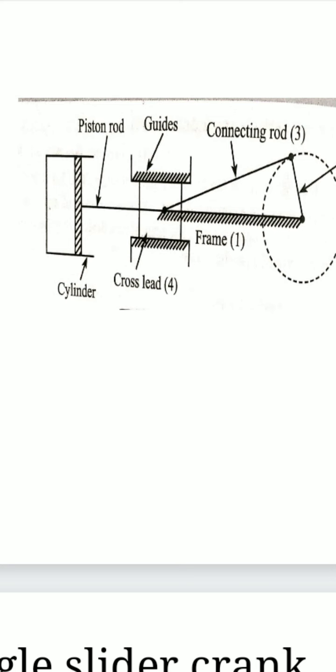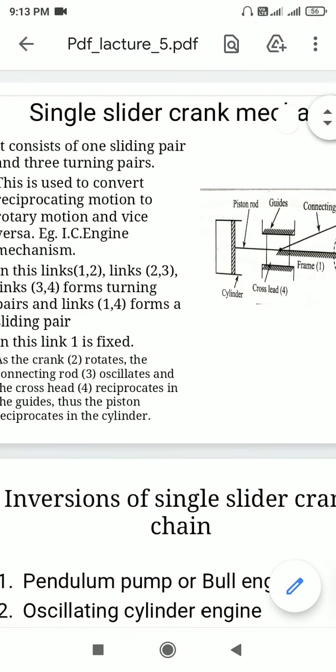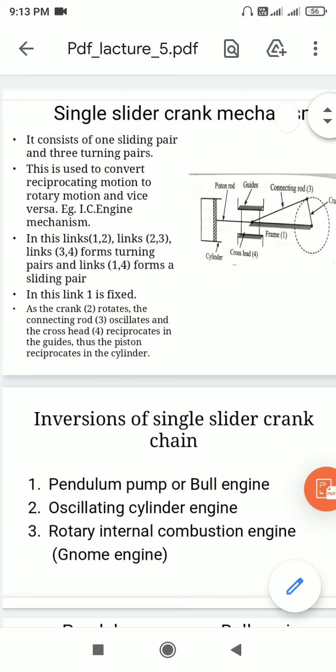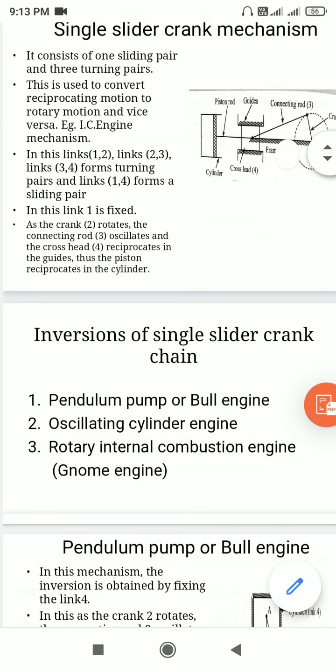And as I told you, the frame is fixed. So this mechanism can be used to convert rotary motion into linear motion or linear motion into rotary motion. This is the single slider crank mechanism. It is the basic structure of an internal combustion engine.